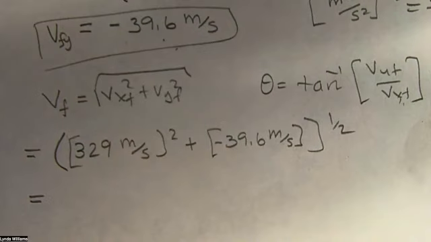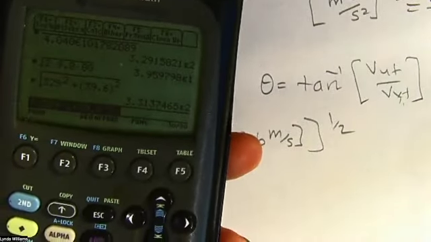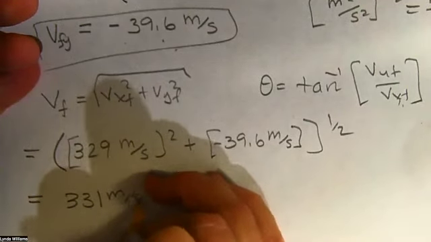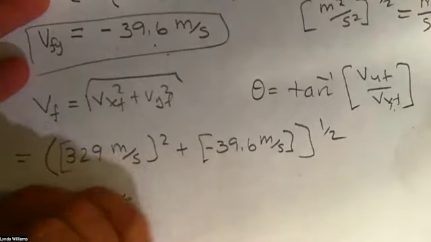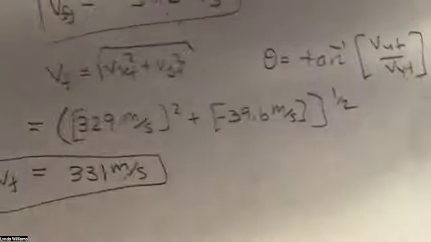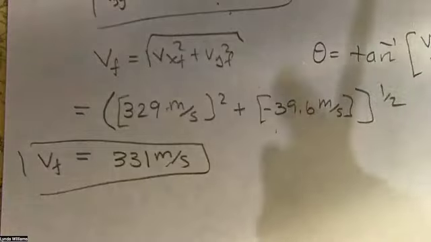And so I have the square root of 329 quantity squared plus 39.6 quantity squared, close parentheses, and I get 331 meters per second. Look, it hardly picked up any speed at all. Yeah, went from 329 to 331, so that y component didn't contribute much.